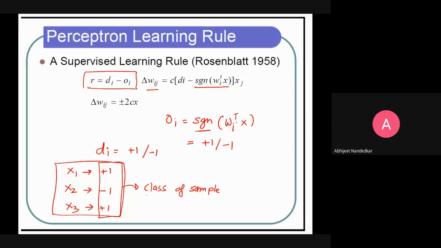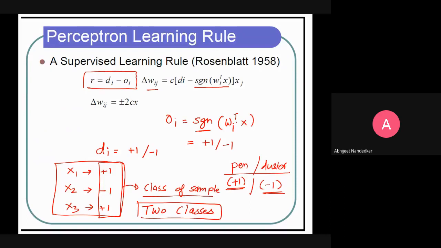Okay, so what is a class? Suppose I want to train a neuron for pen and duster. I will assign plus 1 to pen. So whenever the neuron wants to indicate that it has seen a pen, it will output plus 1. Whenever it sees a duster, it will produce minus 1. So this is basically doing classification of two classes.